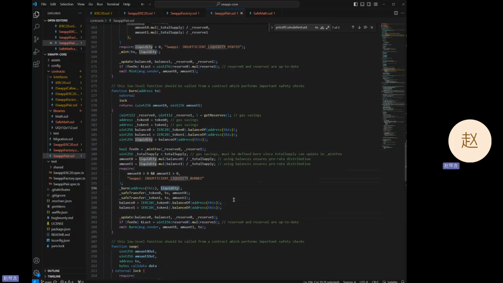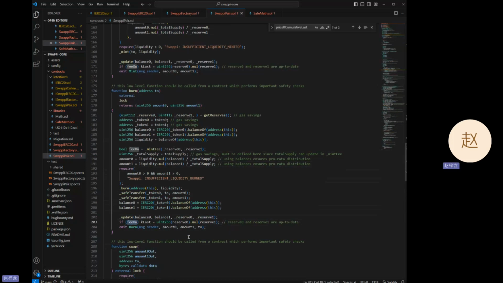First, we will burn the liquidity for the current contract itself, and then transfer the token to the target address for amount 0 and amount 1, and then we need to update the balance, and then update the reserve 0 and the reserve 1.